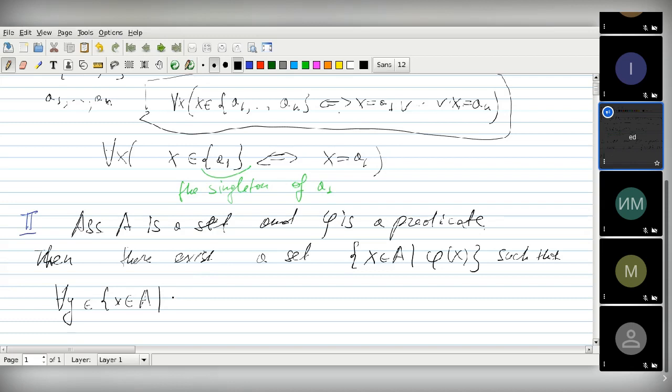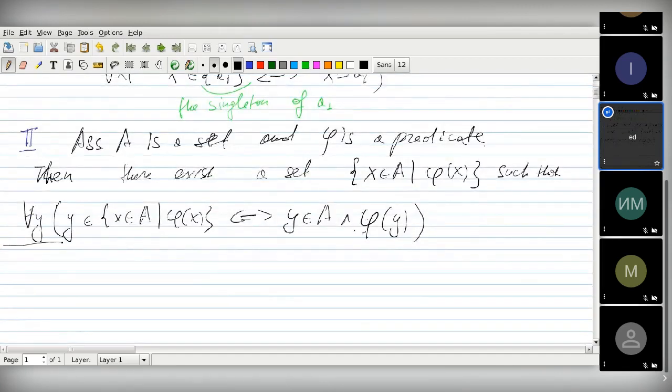Please notice this complex notation which we use. For each y, y is an element of this set if and only if y is both an element of A and y satisfies phi. For example, this makes possible to construct a set of odd natural numbers.